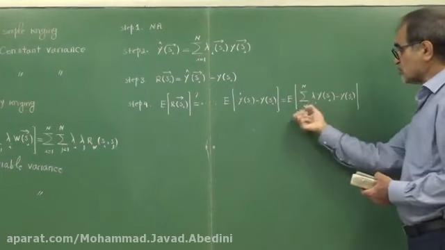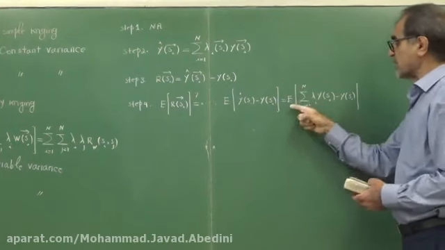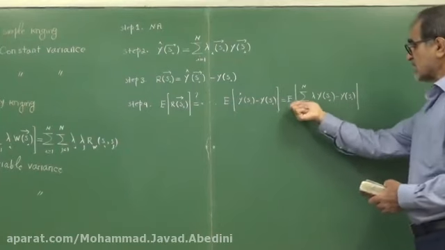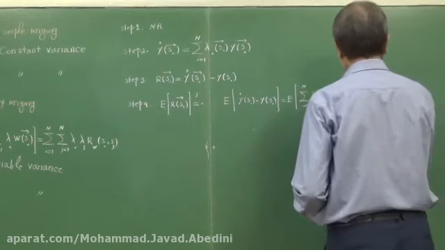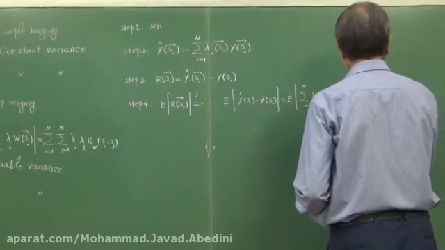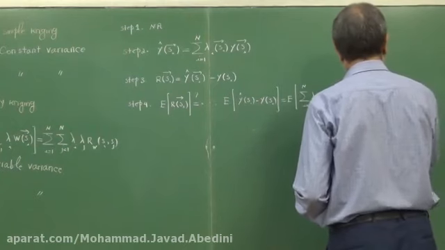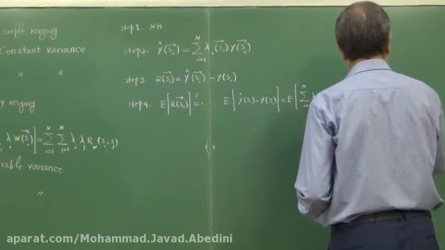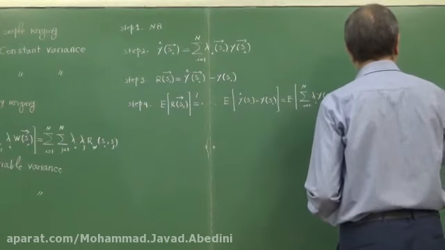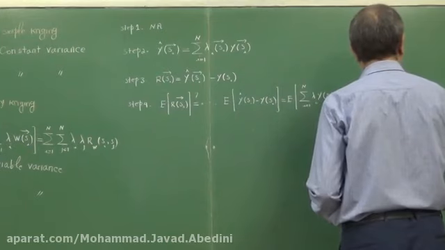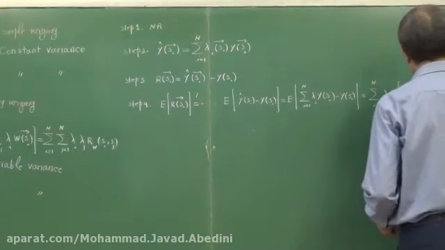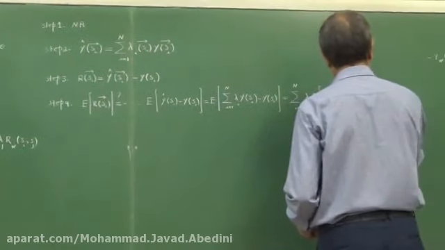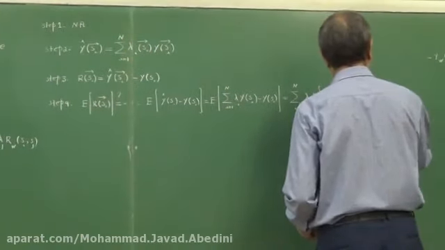What you need to do is to make use of the linear property of expectation here and bring this expectation inside. It's going to be summation lambda i expected value of y at S i minus expected value of y at S0.